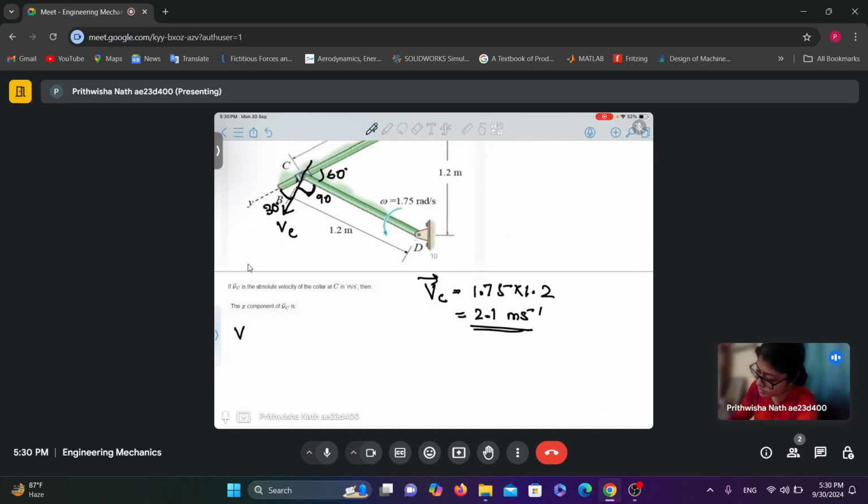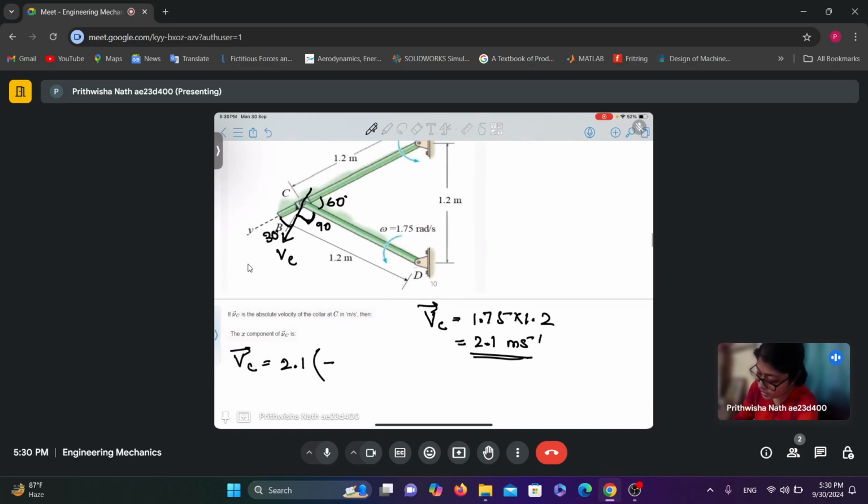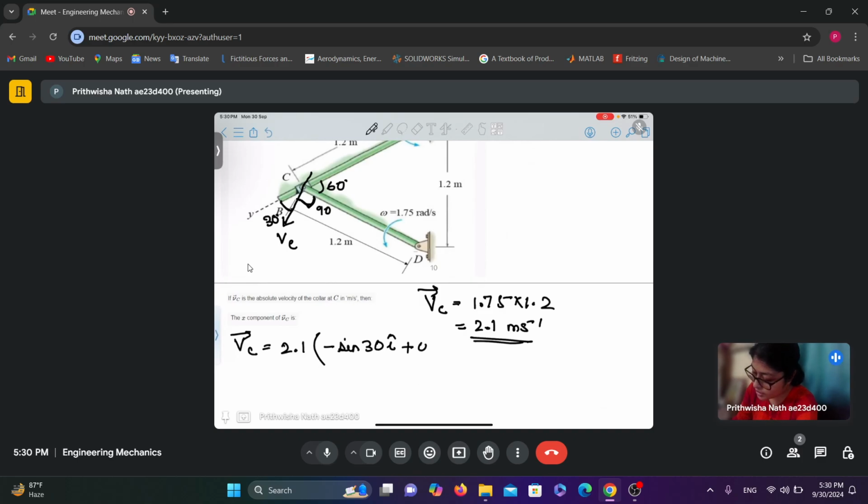VC can be written as 2.1 into minus sine 30 i cap plus cos 30 j cap, right?